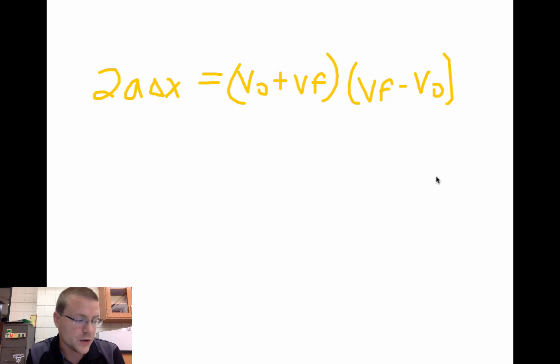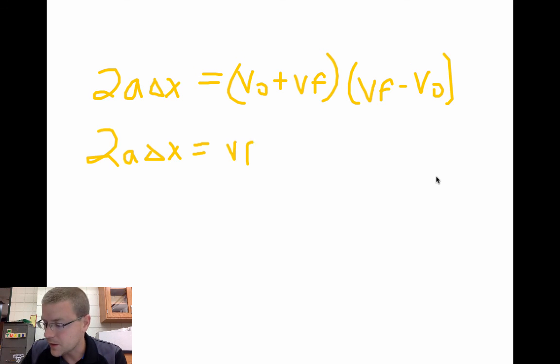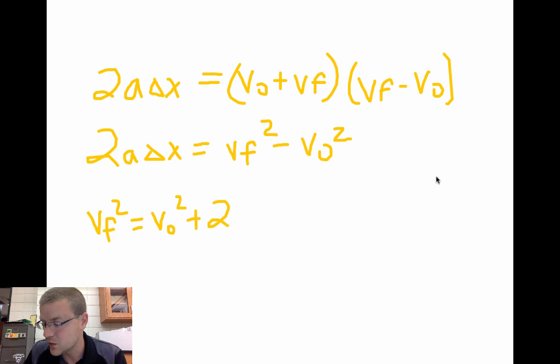So when trying to do that, you're going to have to do your foiling where you do your first, outer, and inner, and what you're going to end up with here is a Vf squared minus a Vo squared. Rearranging this again so that we don't have any minus signs in there, I can say that the final velocity squared is equal to the initial velocity squared plus 2 times the acceleration multiplied by the displacement.